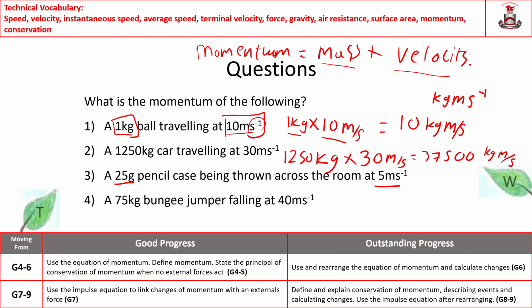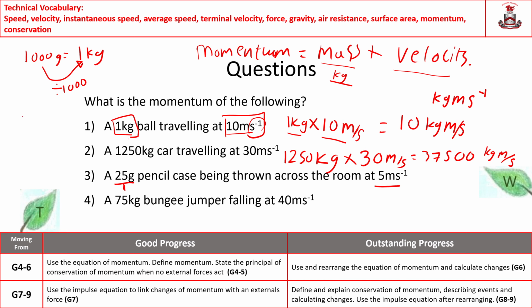Now, remember we said that the mass has to be in kilograms, okay? Here, the mass is not in kilograms. We should know that there are 1,000 grams in 1 kilogram, okay? So if I've got 1,000 grams and I want to turn it into 1 kilogram, I have to divide by 1,000.